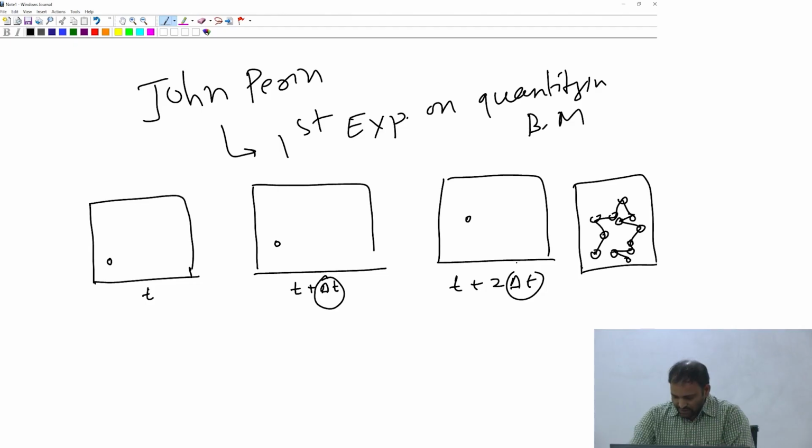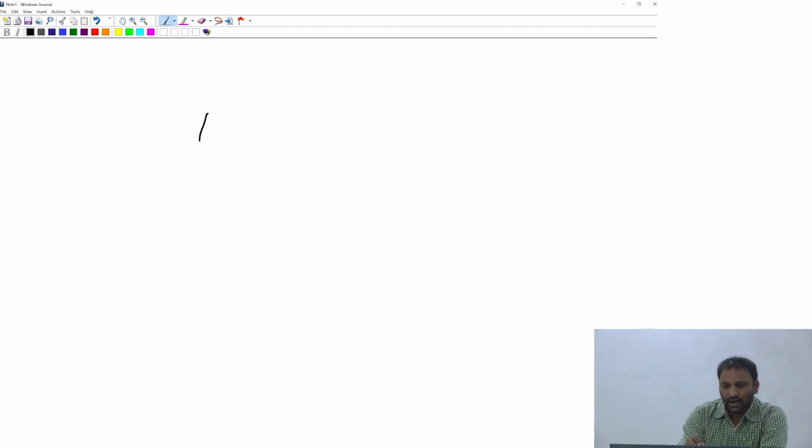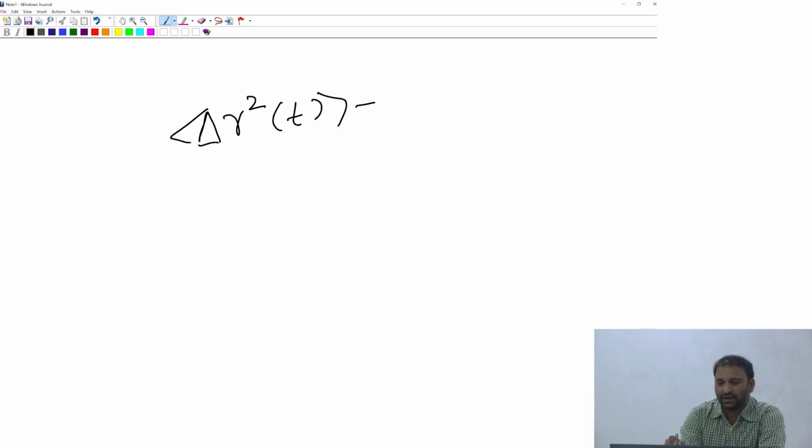Once he did that, he calculated what is called the mean square displacement, which is given by something like this.